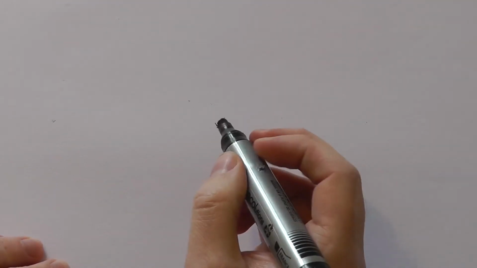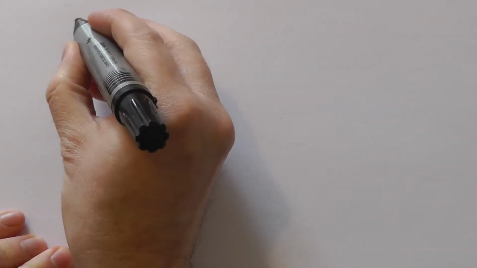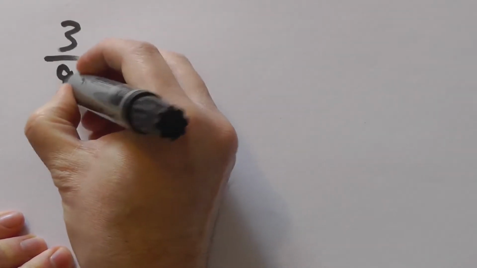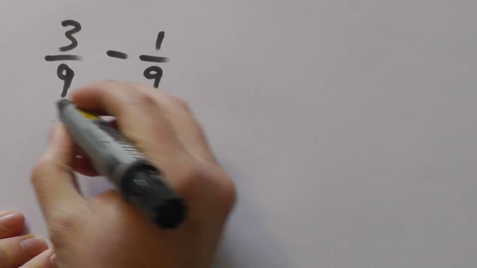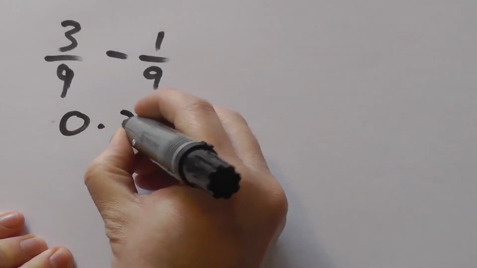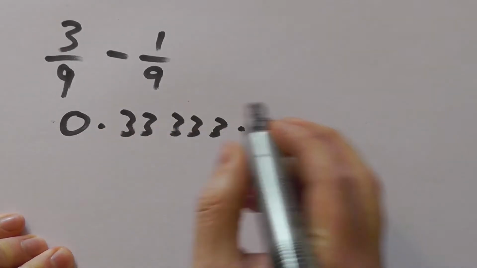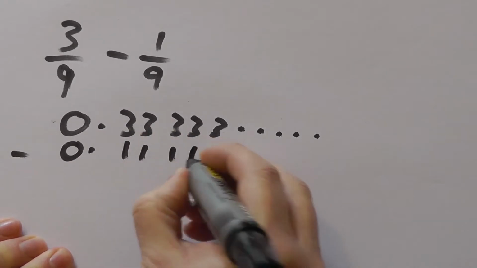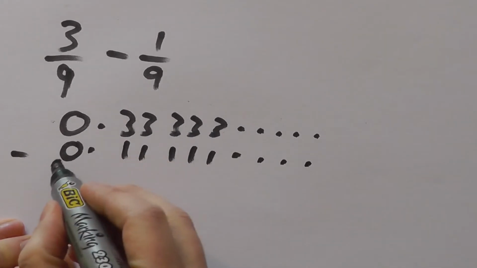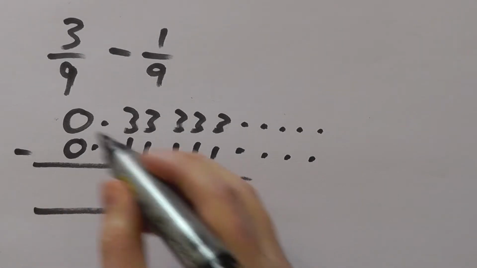Now, even though these numbers go on forever, you can still do maths with them. So for example, let's say 3/9 minus 1/9. Well, what does that mean? 3/9 is 0.3333 going on forever, minus 0.11111 going on forever. And you can do this like a traditional subtraction.